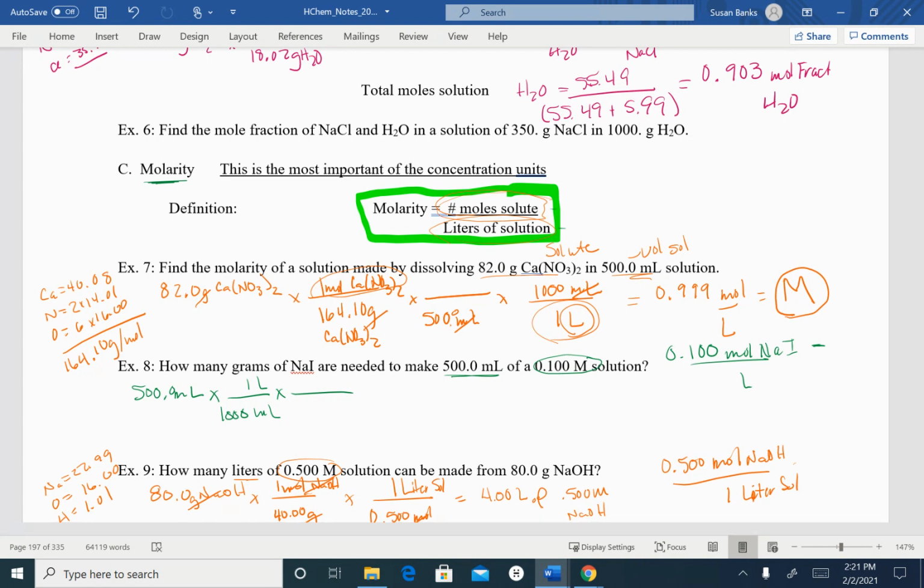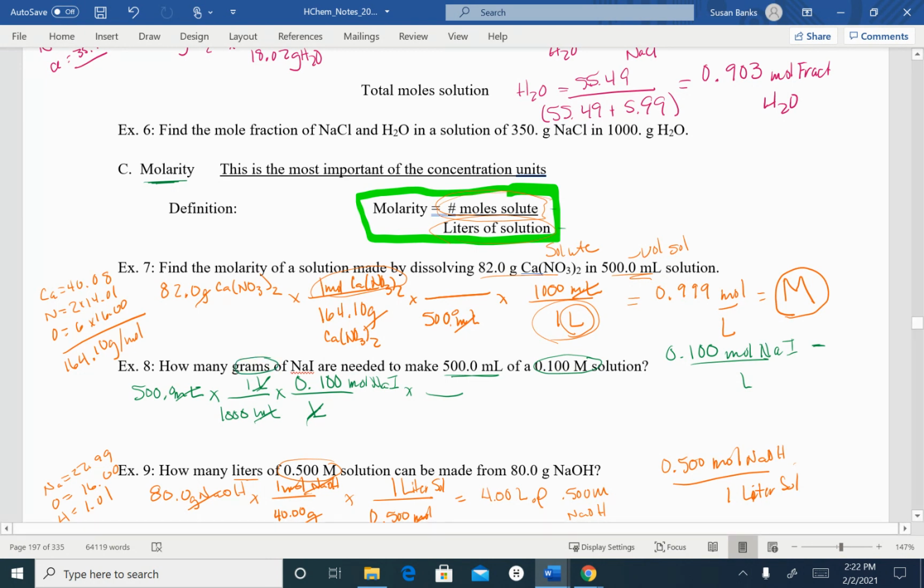So if I put liters on the bottom, in 1 liter of that solution, I am supposed to have 0.1 moles of sodium iodide. Okay? So my milliliters have now canceled, my liters have now canceled, and I now just have moles. Can I convert moles to grams?